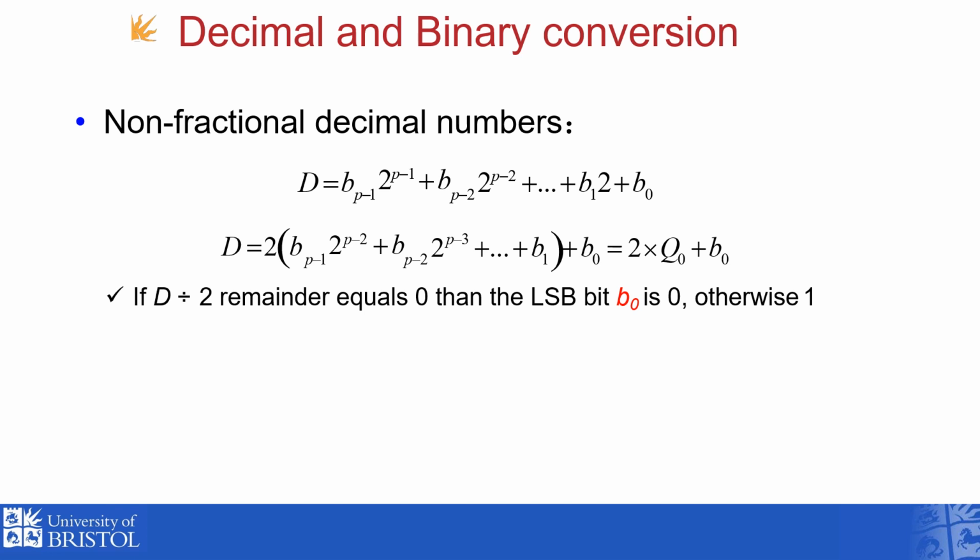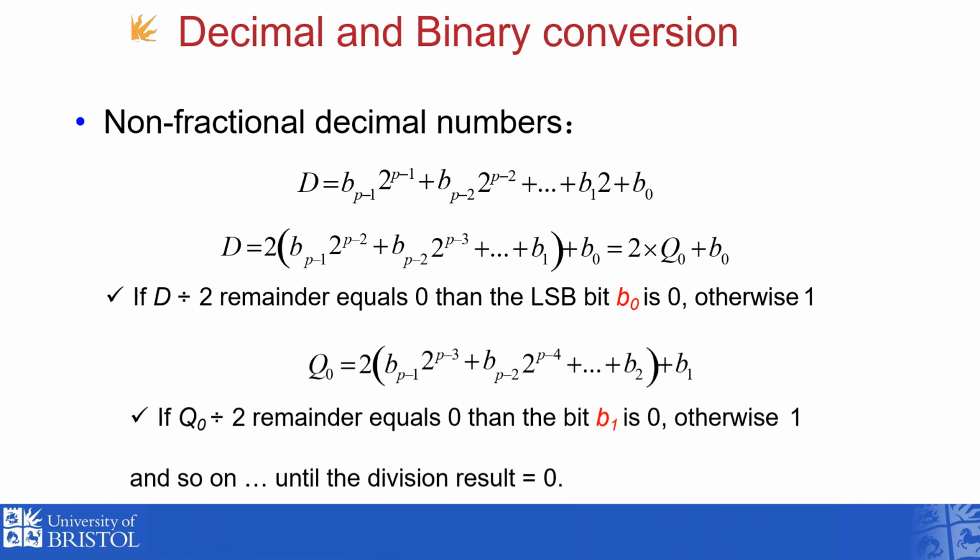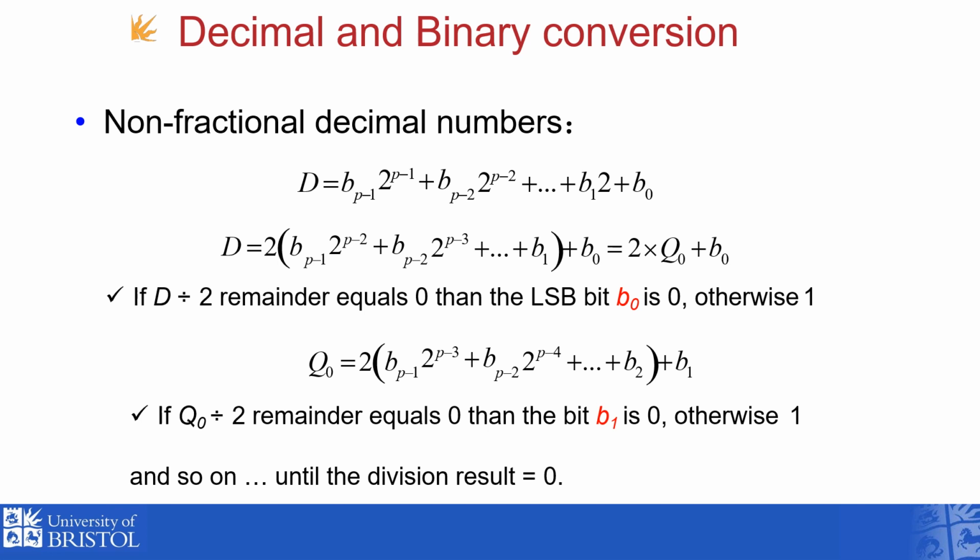If it equals 0, then the least significant bit will be 0. Otherwise, it will be 1. Now, once you do that, you treat q0 the same way that you previously treated d.